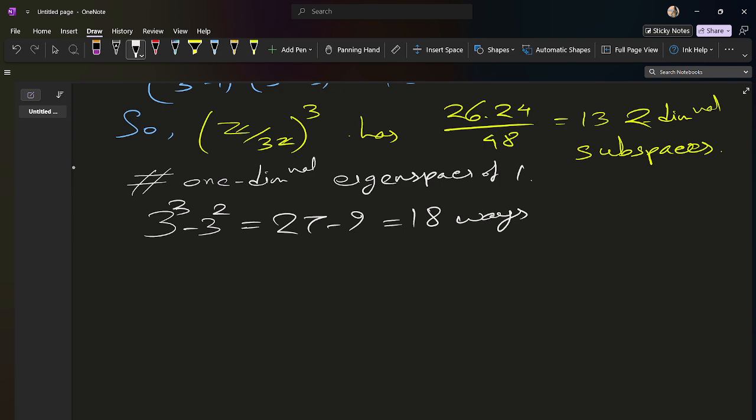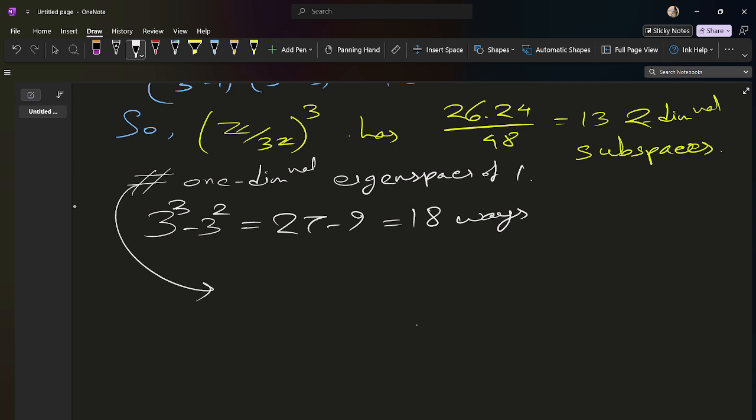We can choose a vector in 3 cube minus 3 square, equal to 18 ways, but we must divide by the number of non-zero elements of a one-dimensional vector space over Z mod 3Z, which is 2.